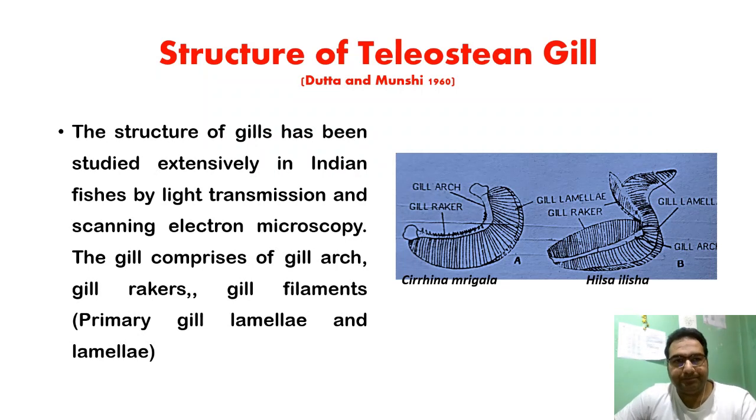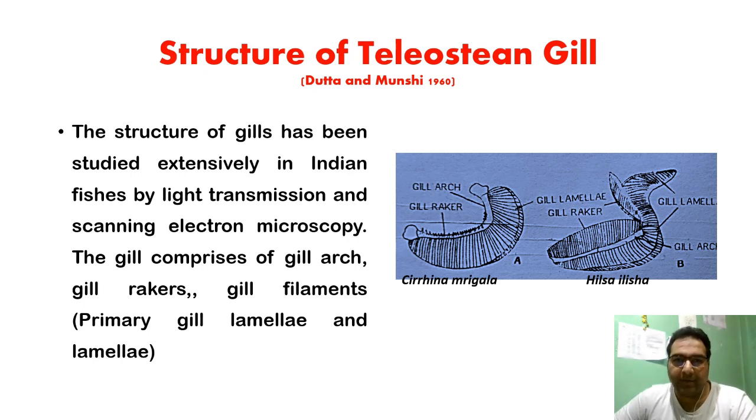Now, talking about the structure of the Teleostean gill, a complete gill is known as the holobranch. It consists of bony or cartilaginous arches. The anterior and posterior parts of each gill arch possess flat plate-like filaments. Each holobranch consists of an anterior, that is oral, and a posterior, that is aboral, hemibranch.